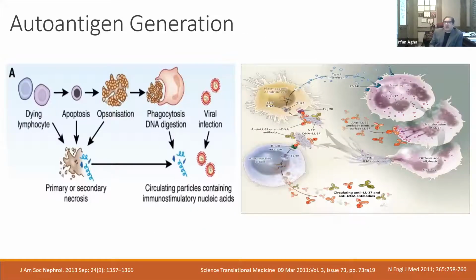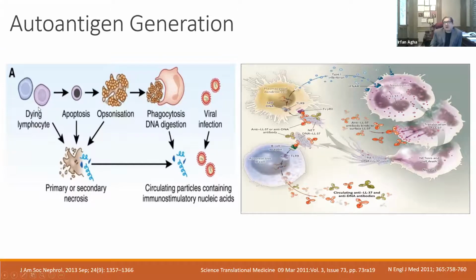So what are these autoantigens that actually lead to lupus? There's a very clear sequence of events here. There is an exposure to certain antigen, there is an aberrant response to them, and then that aberrant response leads to generation of an autoimmune response, which causes manifestation of the disease. And mostly what these are is intracellular and intranuclear remnants which come out of dying cells.